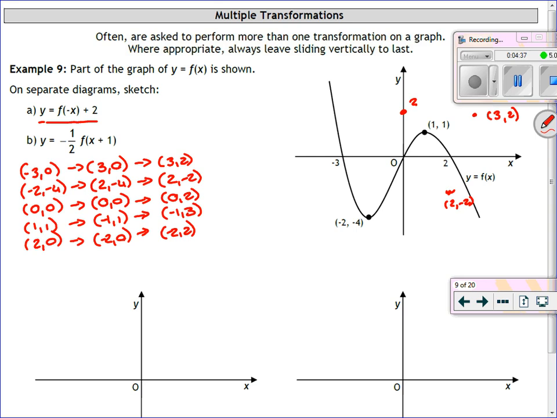1, 1 flips over to become minus 1, 1, and then it goes to minus 1, 3 when we move it up. So it stays as a maximum turning point and goes up to minus 1, 3. And 2, 0 flips over to become minus 2, 0, and then it goes up 2 places to become minus 2, 2.